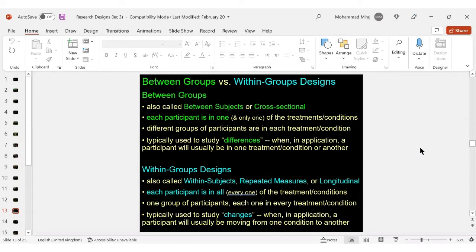It is also written as within group design or repeated measures or longitudinal. Yes, what is the difference? What does it mean? What is the other name for longitudinal studies?